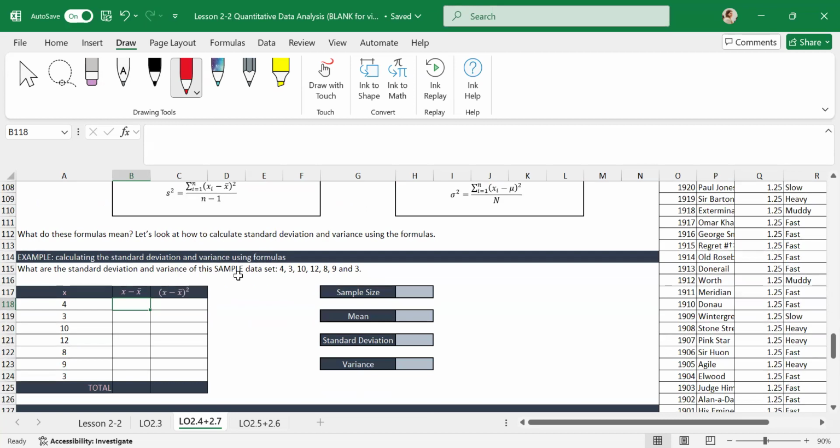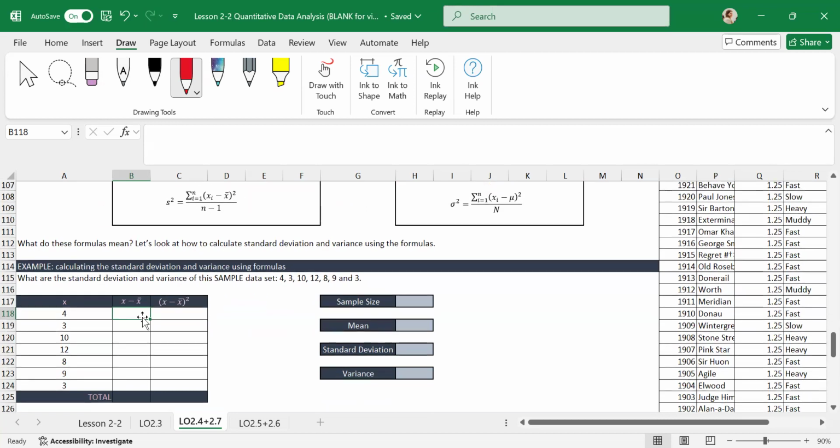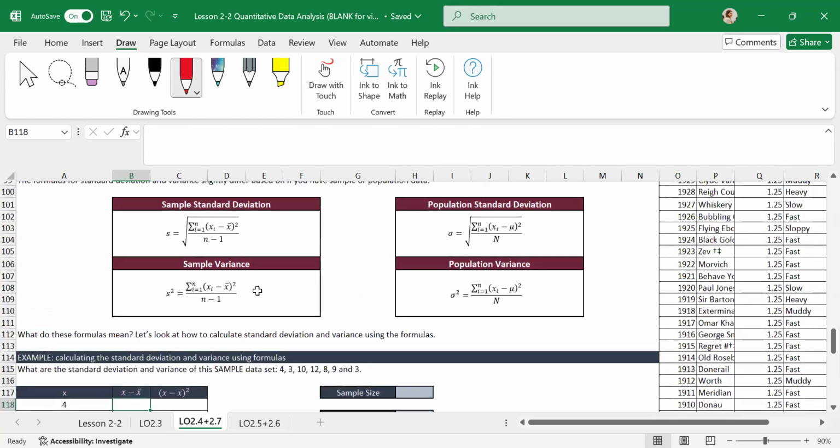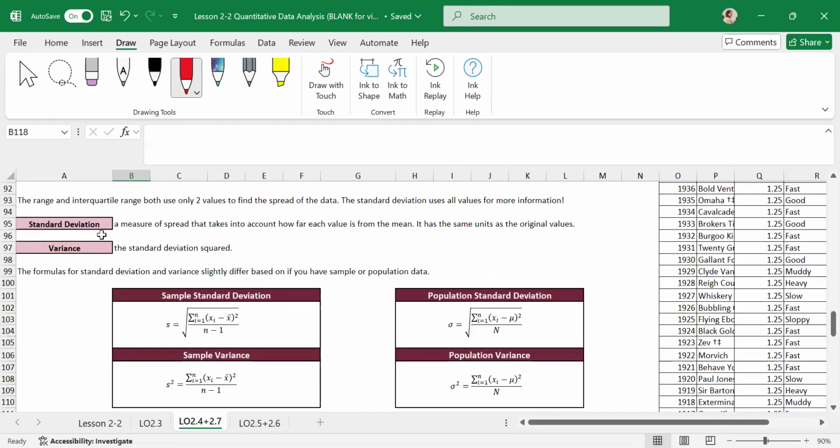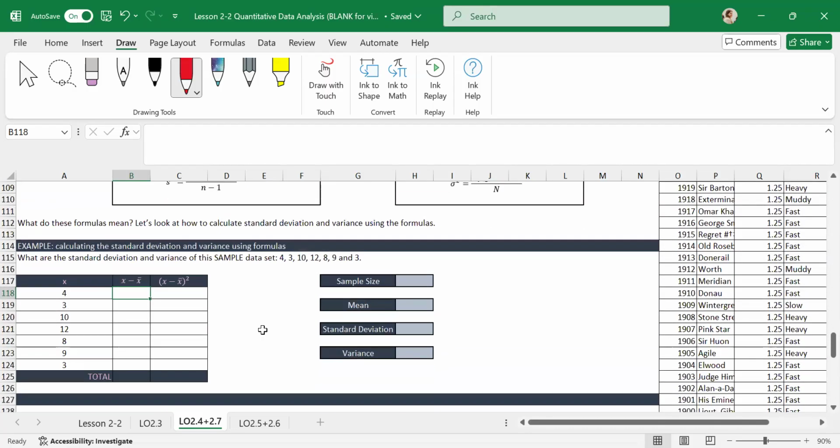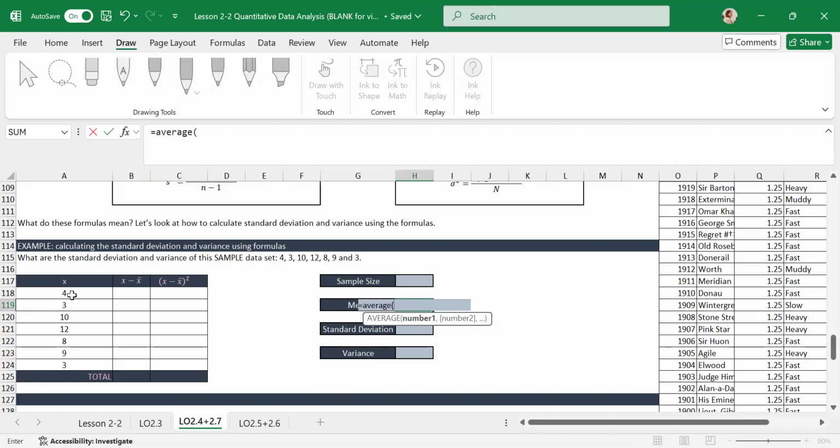This question says sample. The first step is that you find out how far away every single value is from the mean. That's the definition of the standard deviation, how far every value is from the mean. So we need to find out what the mean is. You could use the Excel formula, average, and find out what the mean is for this small data set, and it is 7.